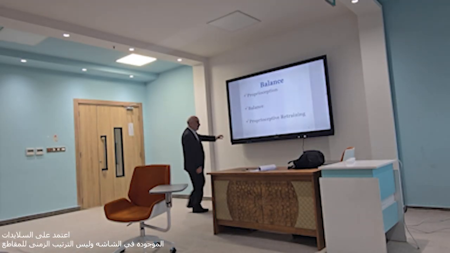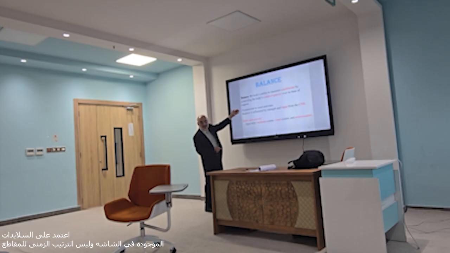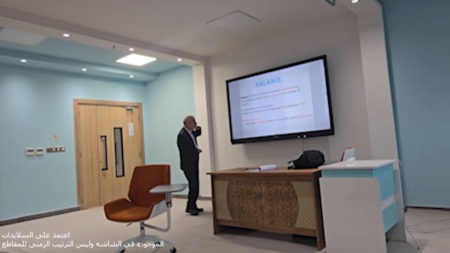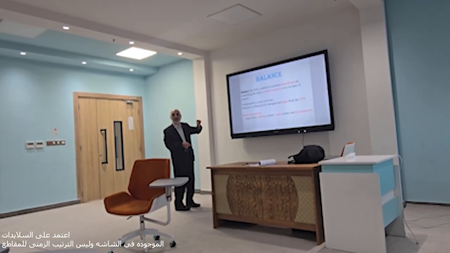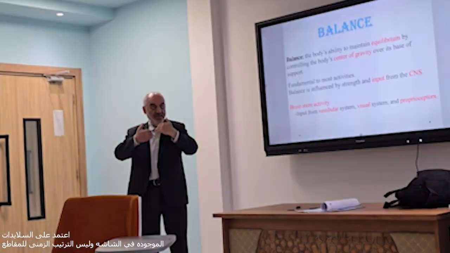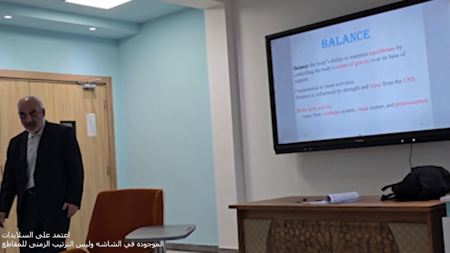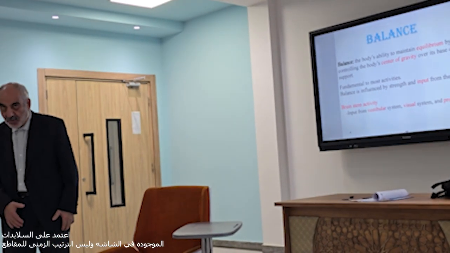So, but this one is very nice, okay? And you see the posterior column, dorsal column, spinocerebellar tract, and this is the meaning of the balance, the ability to maintain equilibrium. Equilibrium is balance by controlling the body's center of gravity over its base of support, BOS.